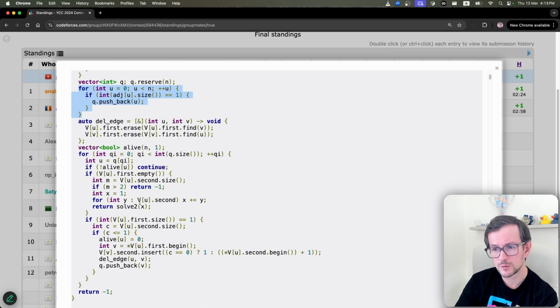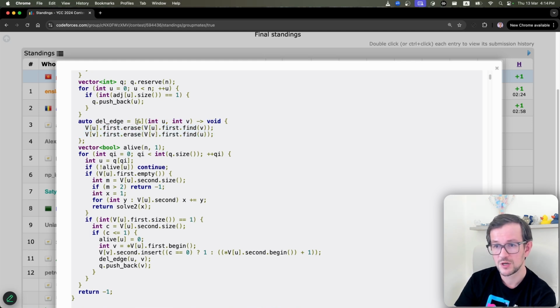What does this mean? Here, this lambda function. So instead of making a special function, you can declare the function inside the code. So this is just function which takes two numbers and returns nothing, and it does the following.